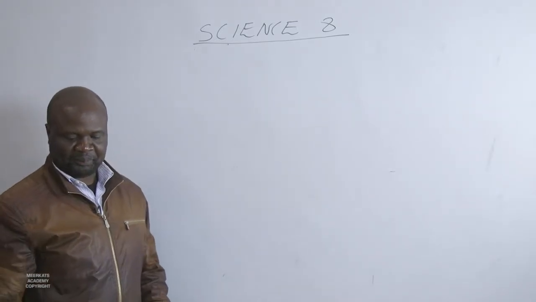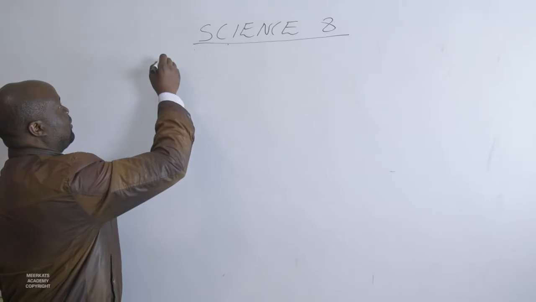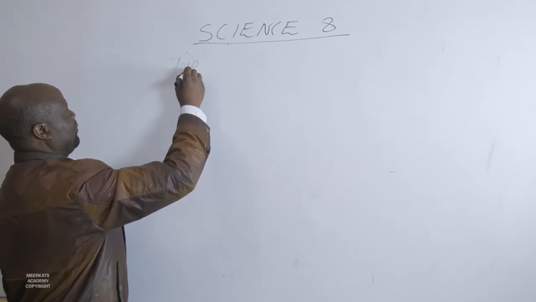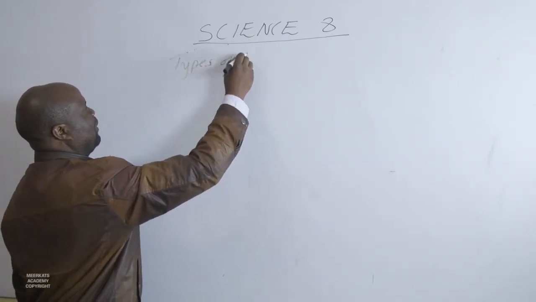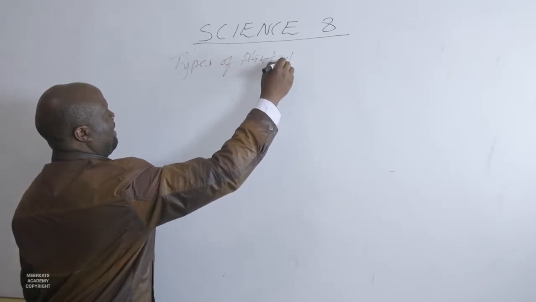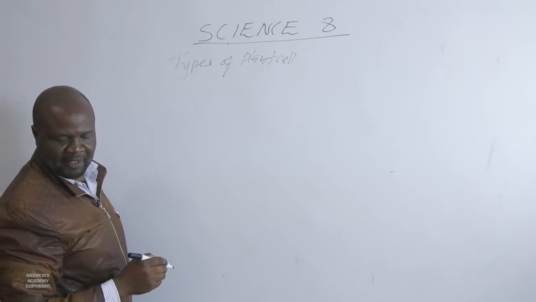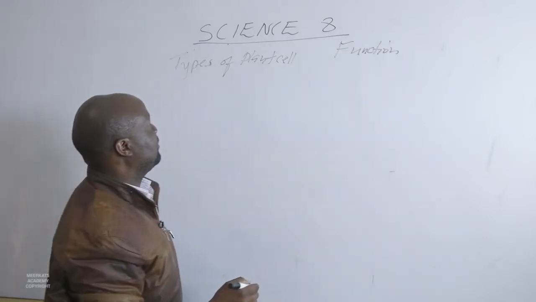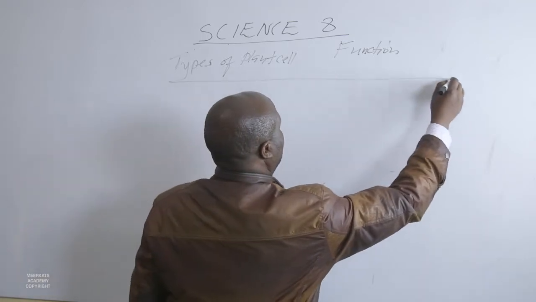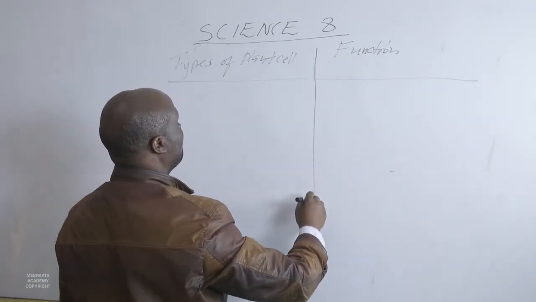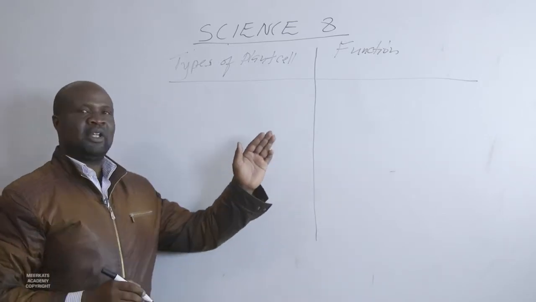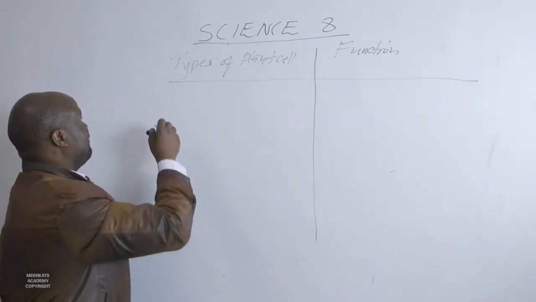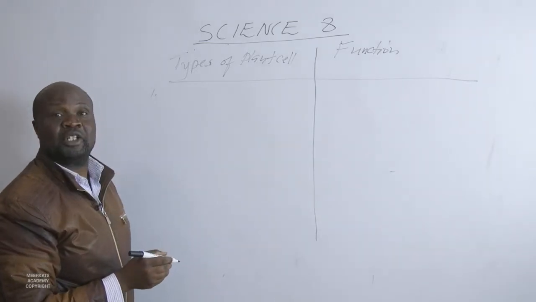We can have a table like so, types of plant cell on this side, then their specific function on this side. So for instance, we can have one of the cells as root hair cell.